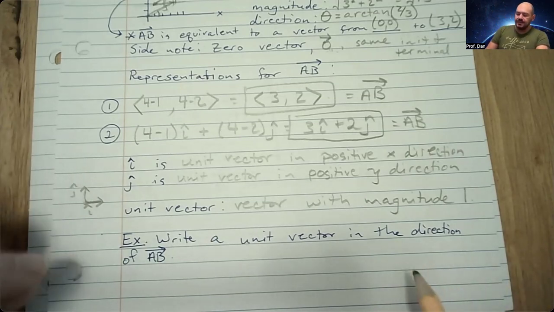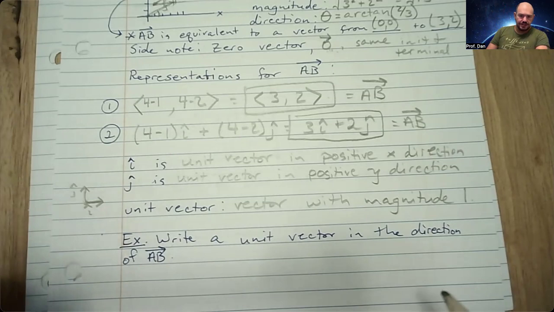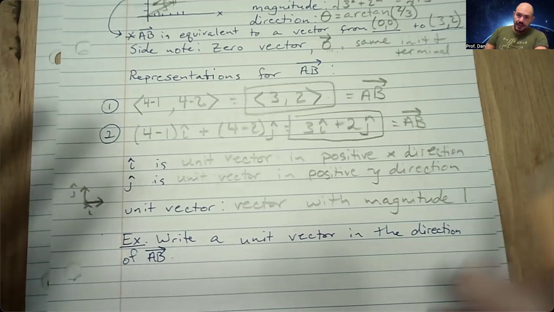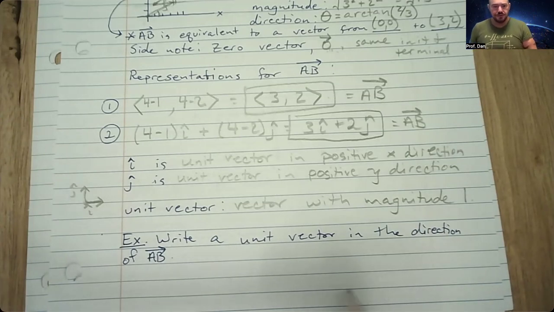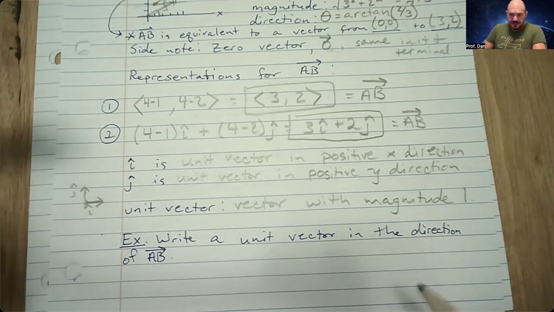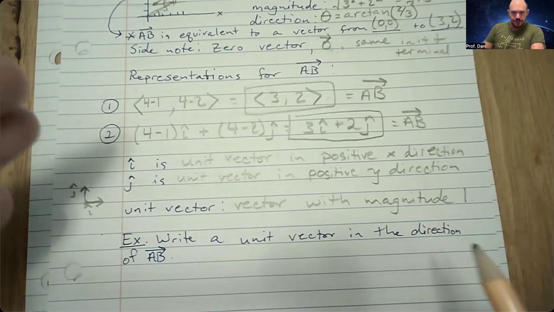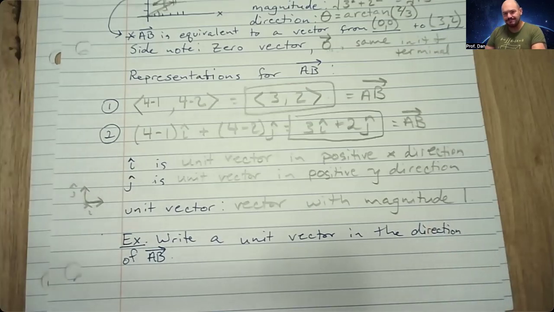If I want to write a unit vector in the direction of anything, right, I can maintain the direction and change the magnitude if I multiply both components by the same number. Specifically, if I multiply by 1 over the magnitude.